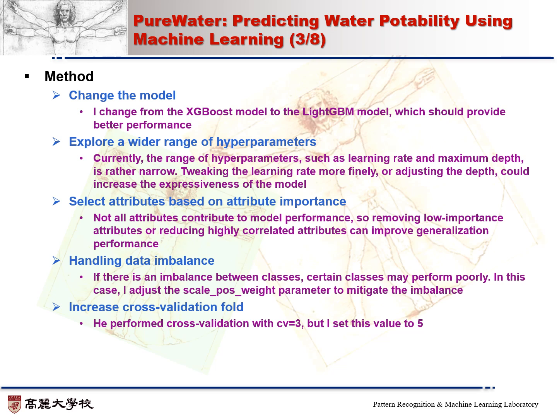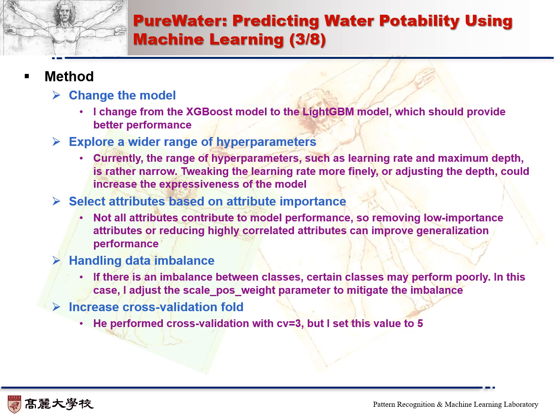Next, select the attributes based on attribute importance. Not all attributes contribute to the model performance, so removing low importance attributes or reducing highly correlated attributes can improve generalization performance. And handling data imbalance.